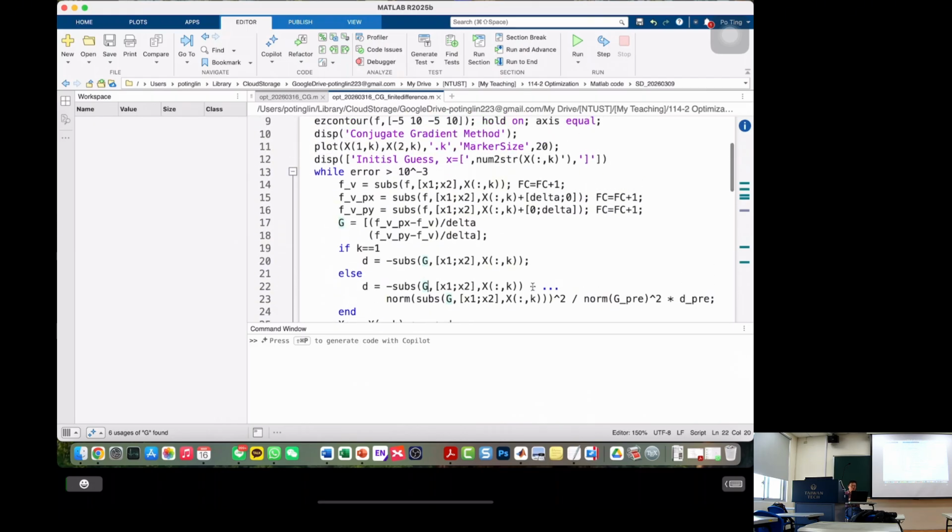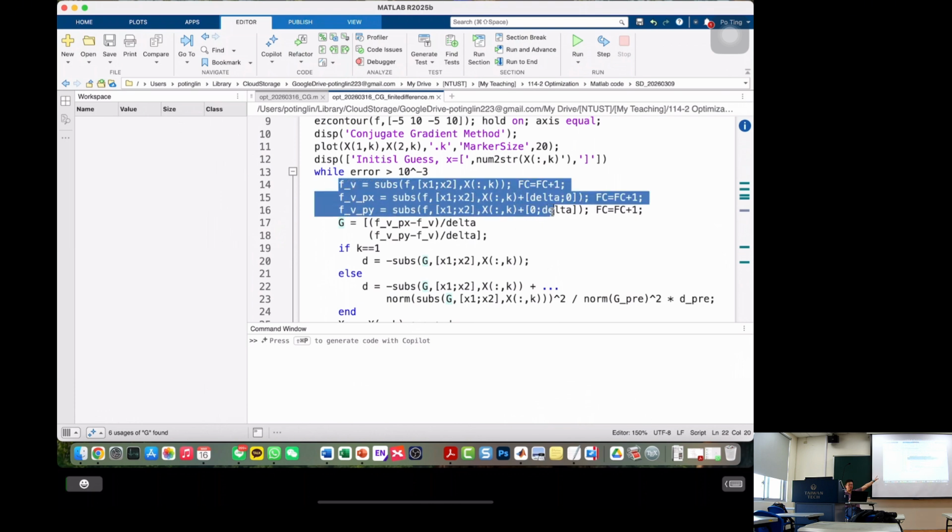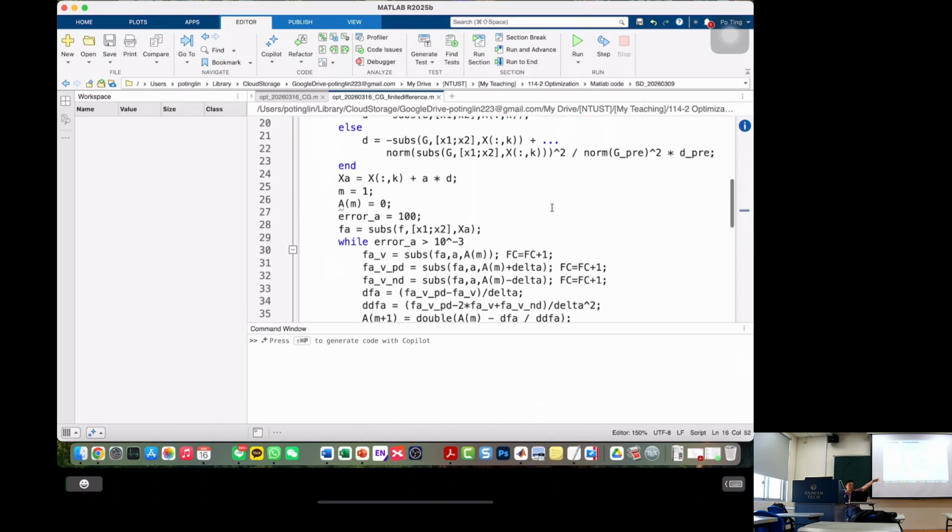Do I need to change anything for the finite difference function call count? Did I introduce new function calls? No. Because when I use finite difference, those are the only times I perform function calls, and in the line search.